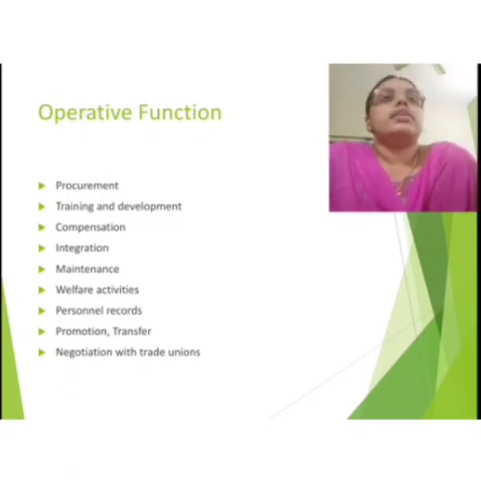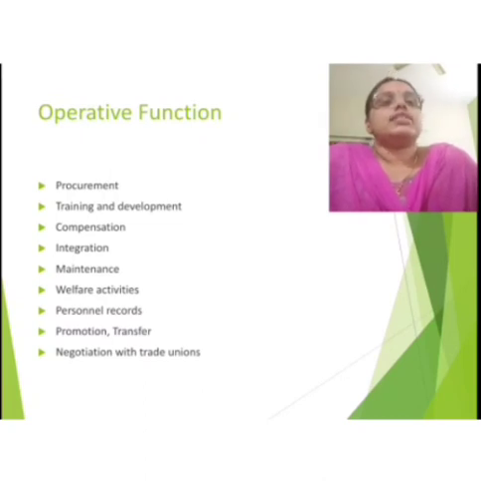The personnel department should keep sufficient records relating to employees' training, development, achievement, transfer, promotion, and also the records relating to personal behavior like labor turnover, absenteeism, etc. So, it is the duty of the HR department or personnel department to maintain proper records of employees.